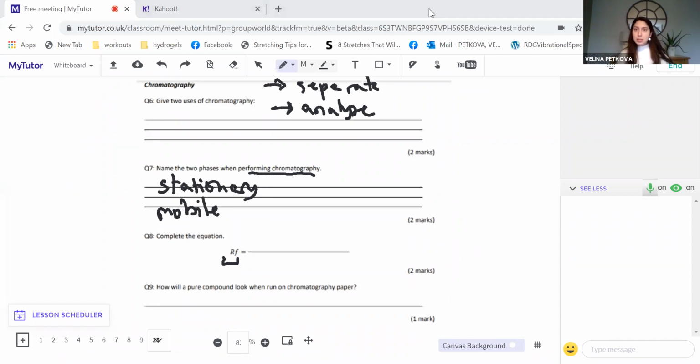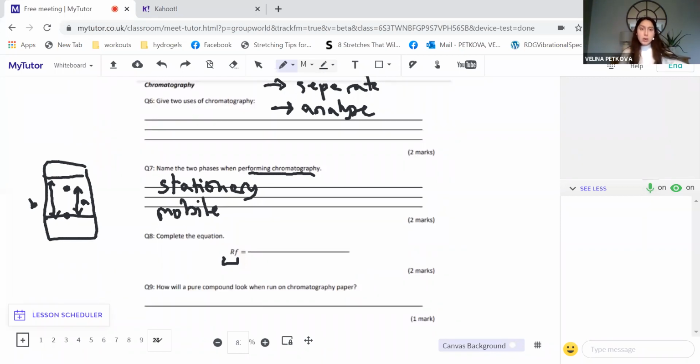Distance moved by substance over distance moved by solvent. Yep, perfect. So if we had, this is a very rough example, one dot, it would be this distance A divided by this distance B. So what the substance has moved over what the solvent has moved.